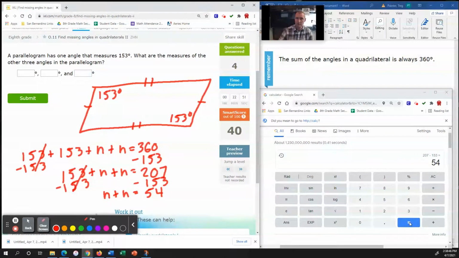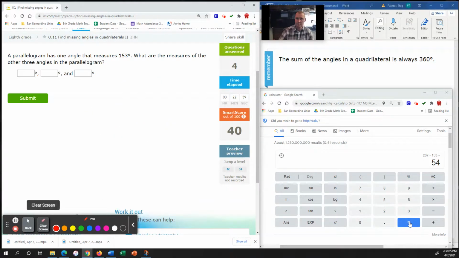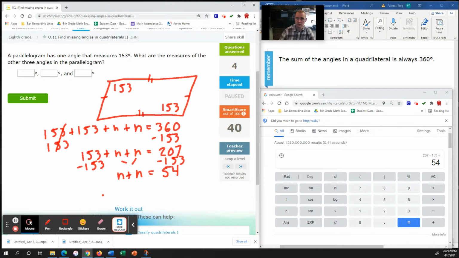And because there's two n's, we can combine them. So let's take our n plus n and just put them together. So I'm going to go ahead and erase n plus n and call it 2n. Beautiful.